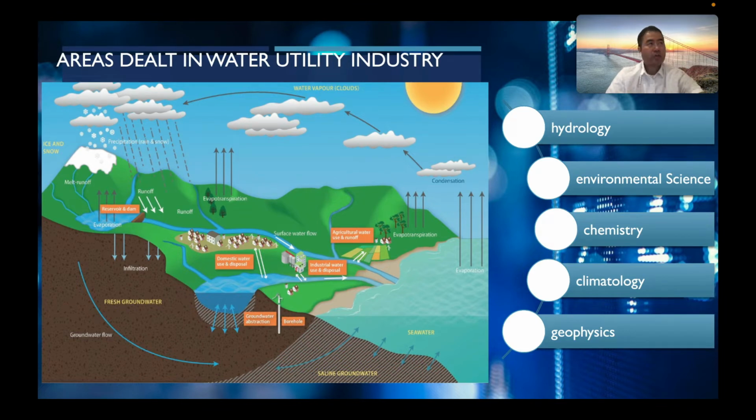This is important because of the drought problem, especially in Southern California. Water is going dry. It doesn't come as much as before. The reason is that the climate is changing. So we need to monitor and follow what's going on with the climate. That is also a big part of the water industry.